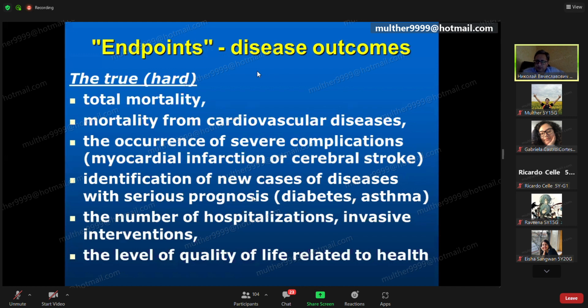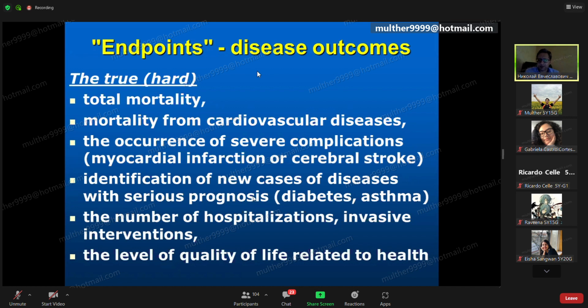If any recommendation or any therapeutic or prophylactic strategy can help to decrease, for example, the number of patient hospitalizations, this fact we can also interpret as a true endpoint of applying a concrete prophylactic or therapeutic technology.